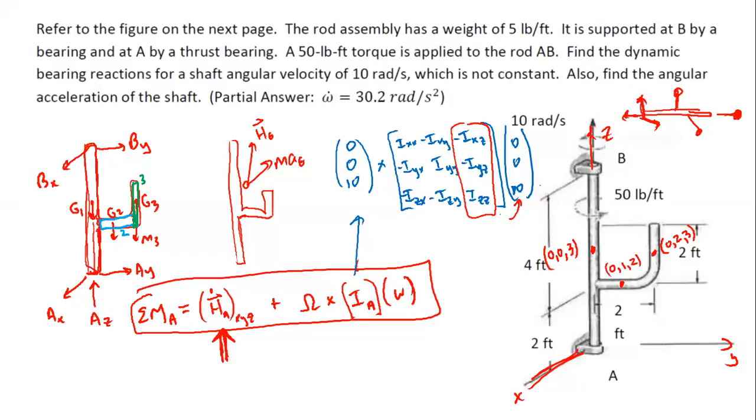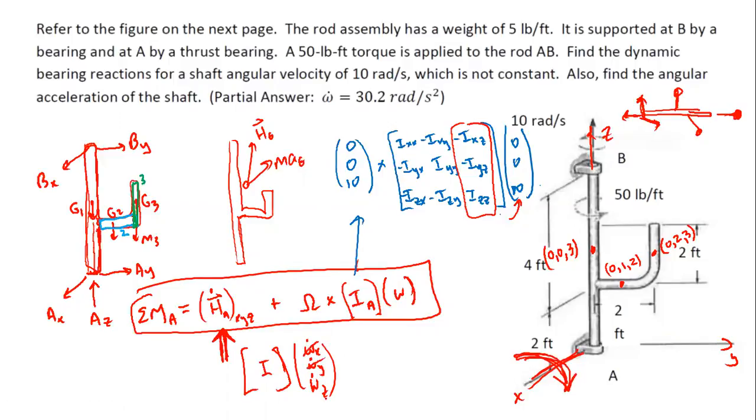So this H dot is essentially just going to be the same I that we had before, but now it's going to be times omega dot X, omega dot Y, and omega dot Z, right? And in this case, it should kind of make sense to you that omega dot X and omega dot Y can't really change any, right? I'm not rotating about this axis at all, nor can I because of the bearings, right? Same thing for the Y. So that's going to 0 and that's going to 0.